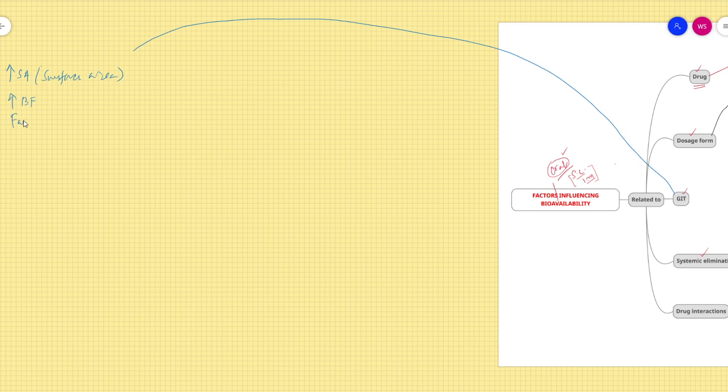Then there is favorable pH. Some drugs are absorbed from the stomach, some are absorbed from the intestine, and if there are changes in the pH, then according to our previous discussion, it might interfere with the absorption. Increased gastric emptying.